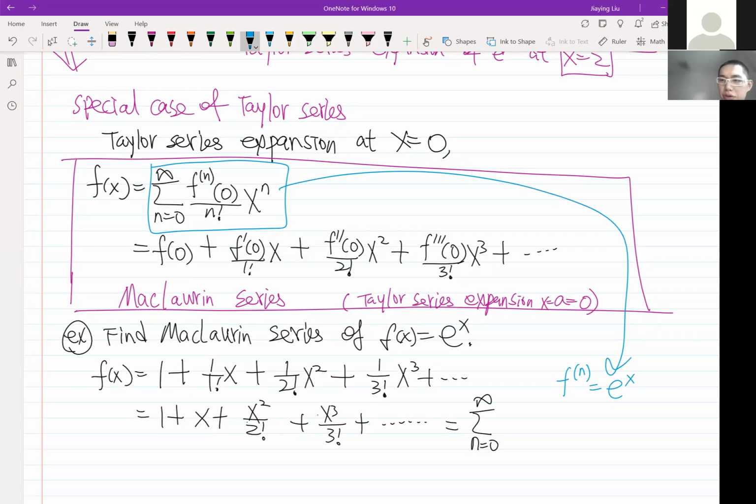And if we plug in 0 there, the nth derivative of 0 is always going to be e to the 0 equals 1. So that part doesn't change. So that will just become 1 over n factorial x to the n, which is the same if we expand it.